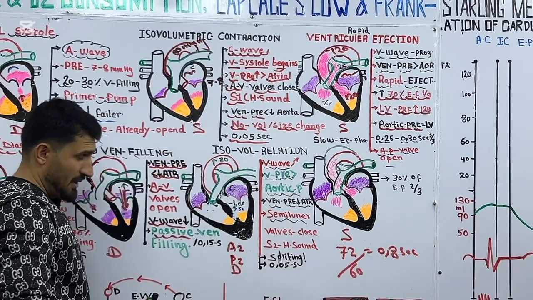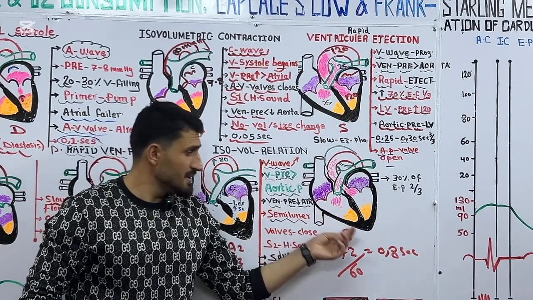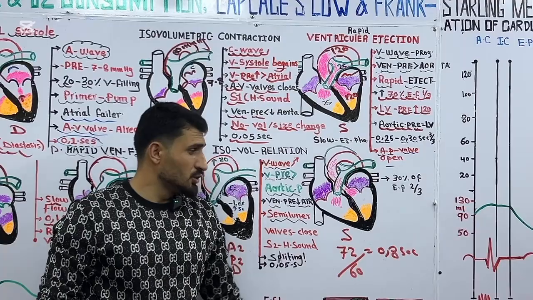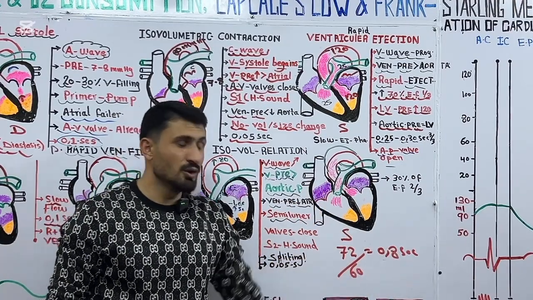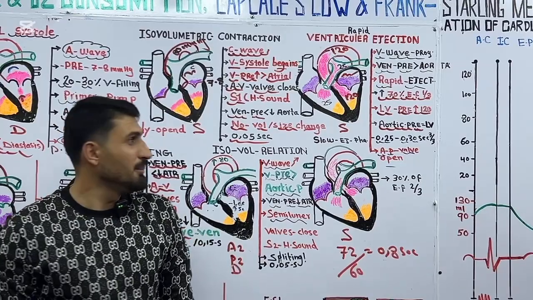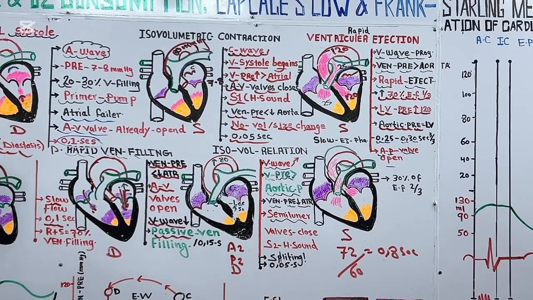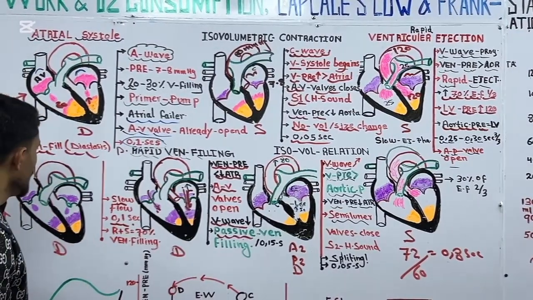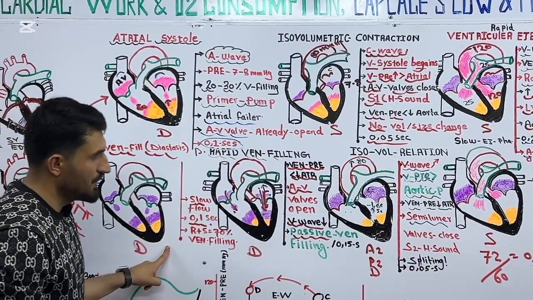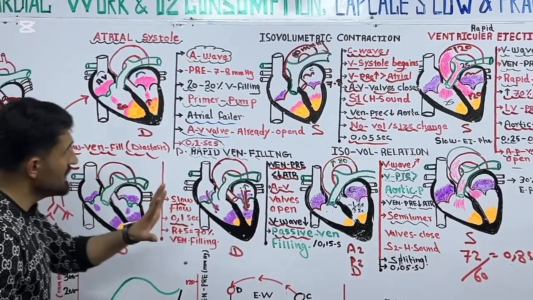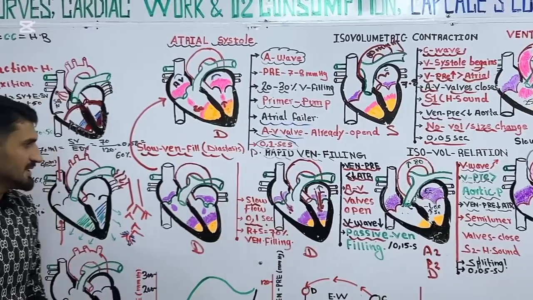For example, if one heartbeat is 0.8 second, then 0.5 second is made of the diastole phase and 0.3 second is made of the systole phase. Got it? So this is very important, this passive filling of the ventricles. Now let me show you all these phases in a graphic presentation. Got it?